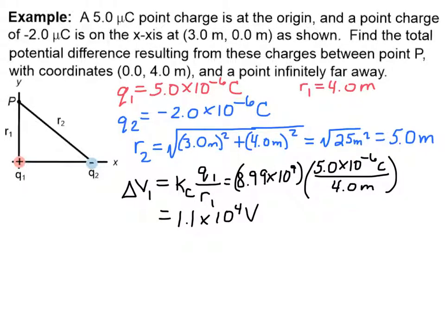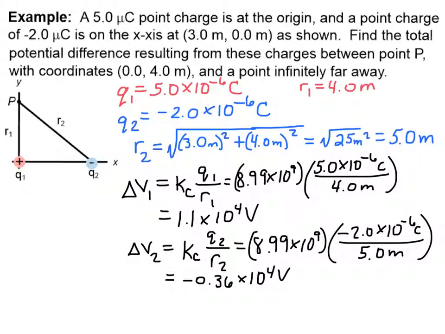And I get 1.1 times 10 to the 4th volts for my potential difference 1. To find potential difference 2, I'm going to look at the Coulomb constant times the charge on 2 divided by R2 and plug those values in. When I do that, I get negative 0.36 times 10 to the 4th volts for my electric potential 2.